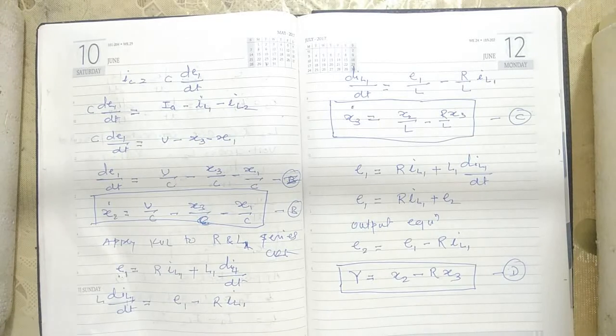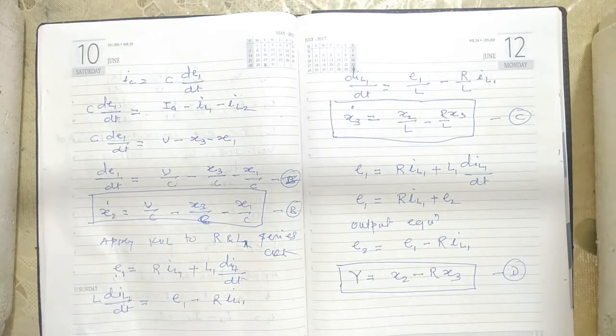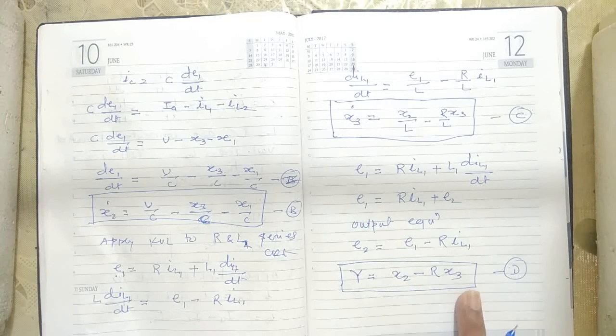So we have all four equations. The first three are for x1 dot, x2 dot and x3 dot respectively, and the fourth one is for the output: Y equals x2 minus R into x3. Y is also in terms of the state variables x2 and x3.